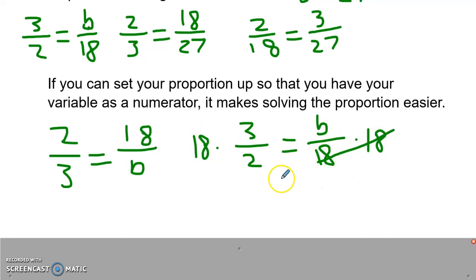So if possible, and sometimes it's not possible, but most of the time, if you think about how you're setting up your proportion, try to make sure that your variable is in the numerator position, because that'll save you time when solving the problem.